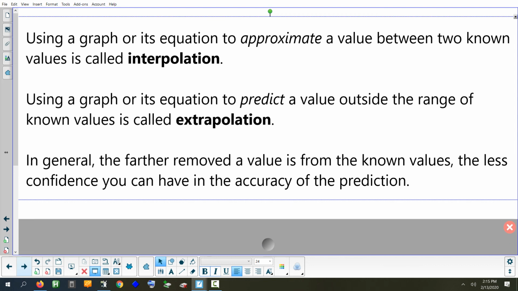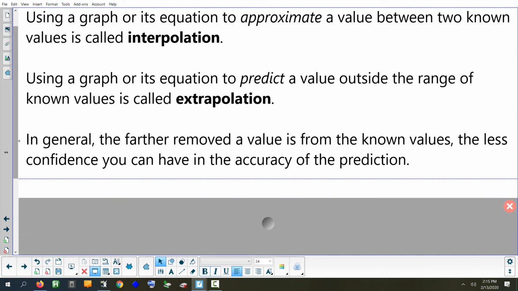So that's what I'm saying right here, and you guys have that printed. In general, if you try to make a prediction very far away from your data, it's not going to be as accurate. The further away you get from the data, the less accurate it is.